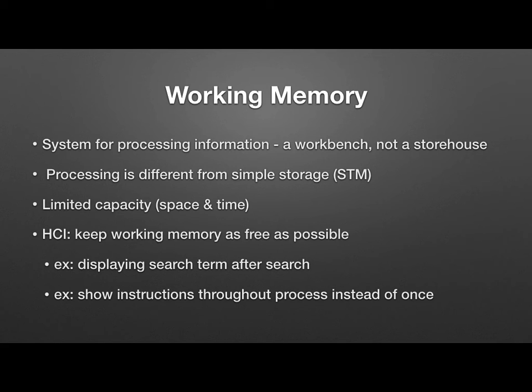So it has limited capacity in space and time. Right now, I think research shows 5 things is the average that a person can keep in short-term or working memory. But that varies by person, and it varies by the thing that you're trying to keep in there.